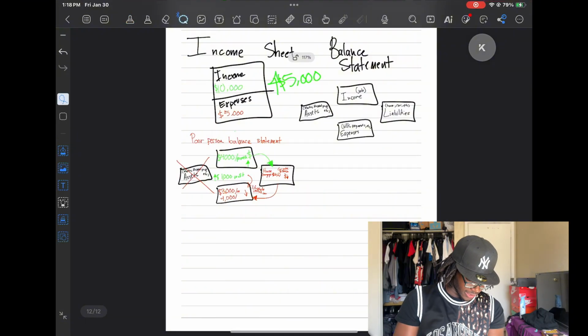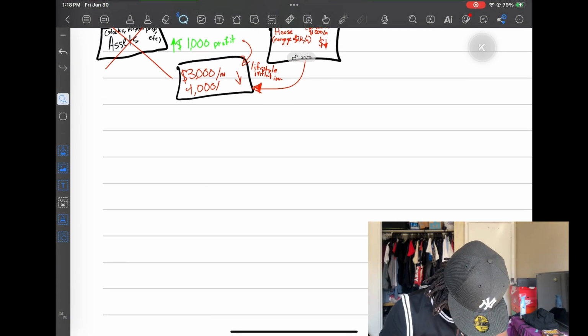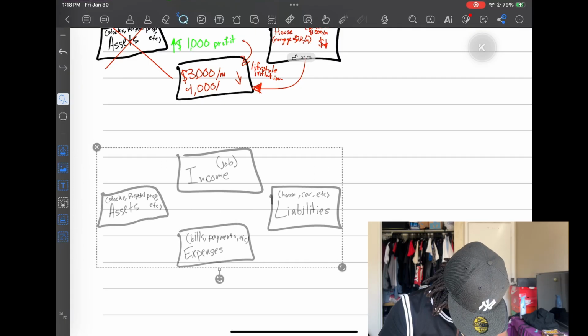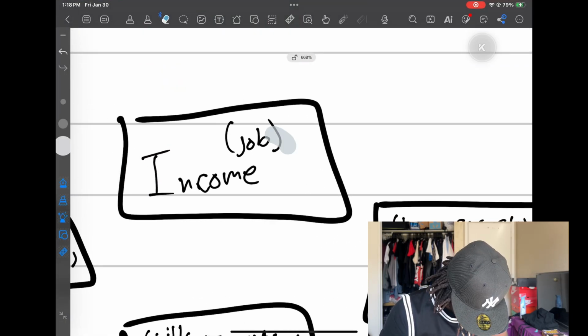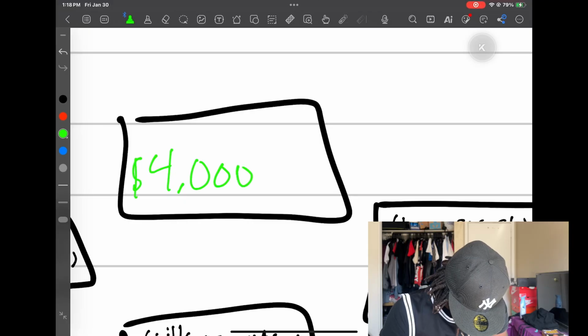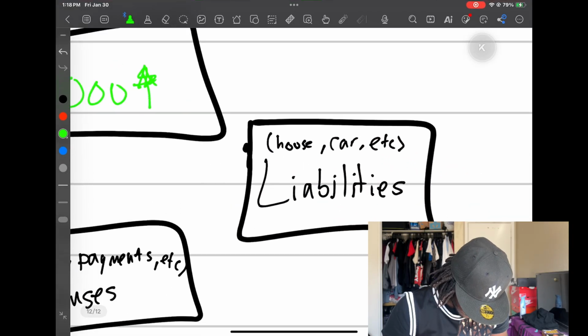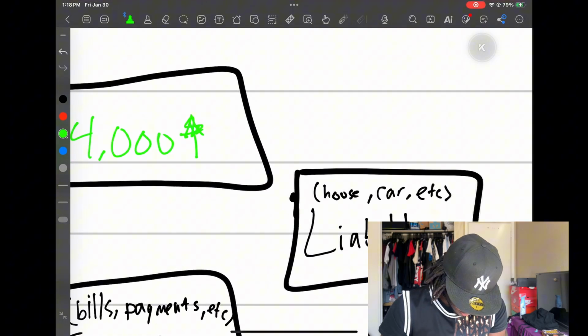So now let's look at what the middle class do. Let's look at the middle class's balance statement, right? So middle class, let's use the same income actually. $4K per month, 4,000, same thing. Money going up, yep, profit. And now they do two things, right?